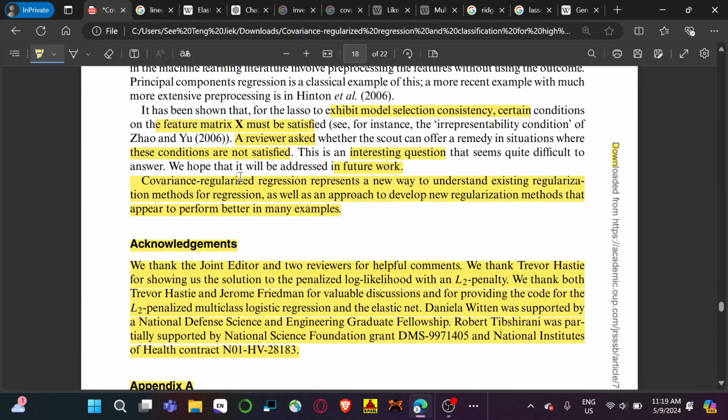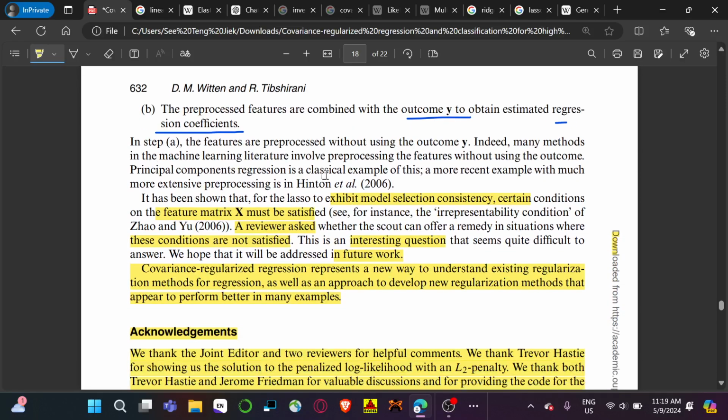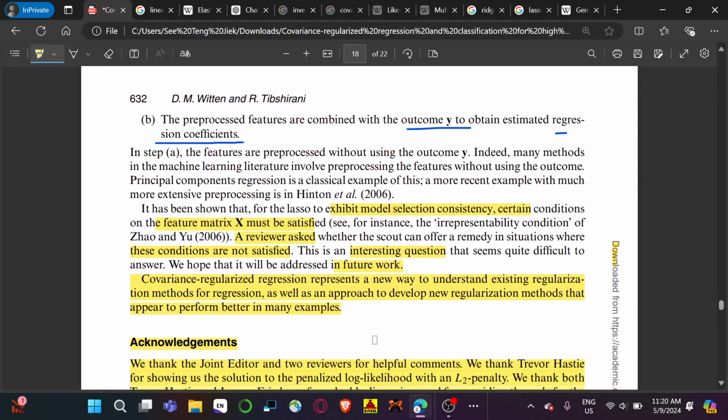So, covariance-regularized regression offers a way to understand existing regularization approaches. From what I can tell, this is basically a paper about how to generalize the existing approaches and come up with different new approaches, but the new approaches don't necessarily perform better than the existing ones, which is half useful.